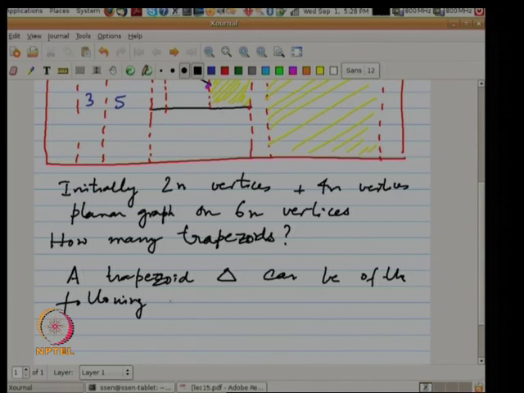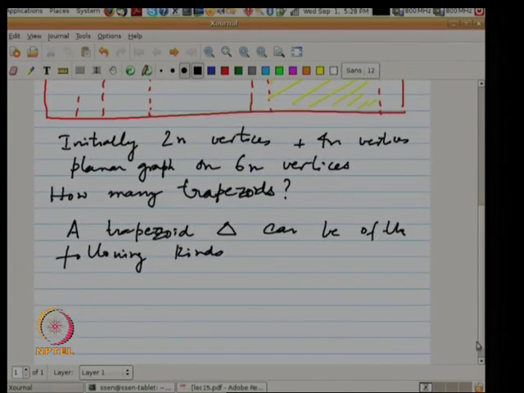Some observations that we make. One is a kind of degenerate trapezoid where one of the lengths is 0. I am just looking at the shapes of this trapezoid, how they are basically being defined.